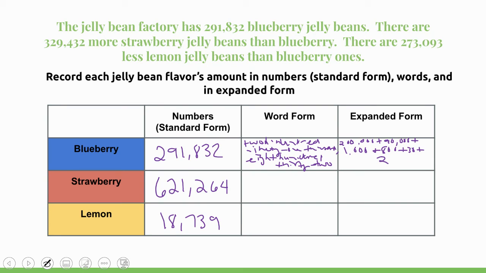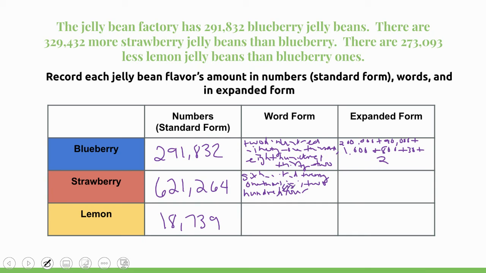Okay? Now on to the strawberry. In word form, we'd write it exactly how it's said. 621,264.